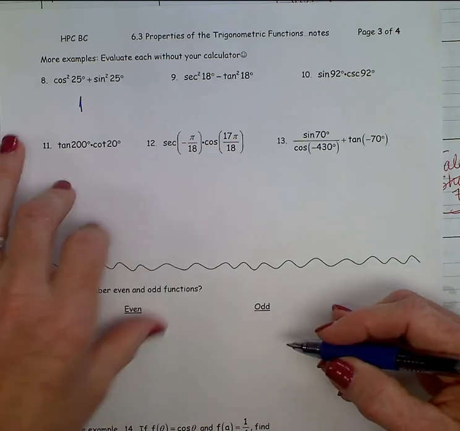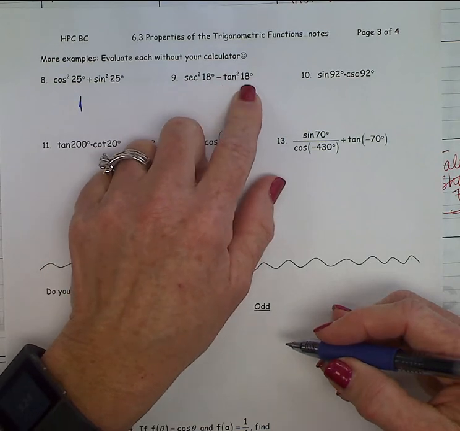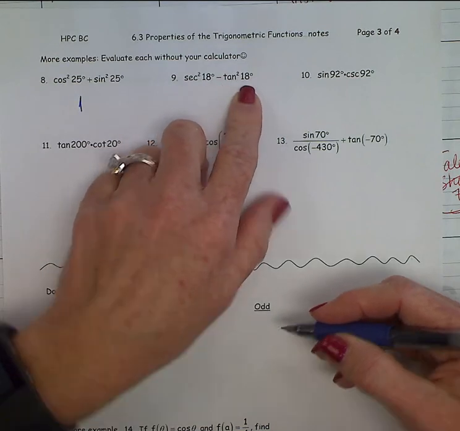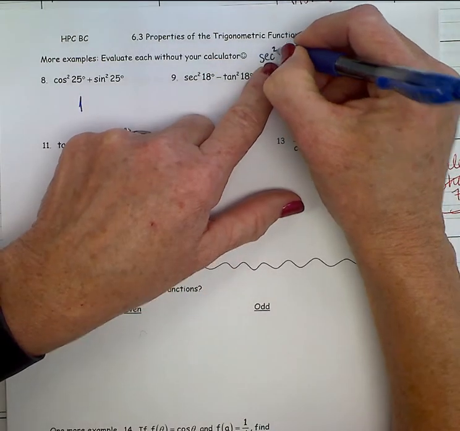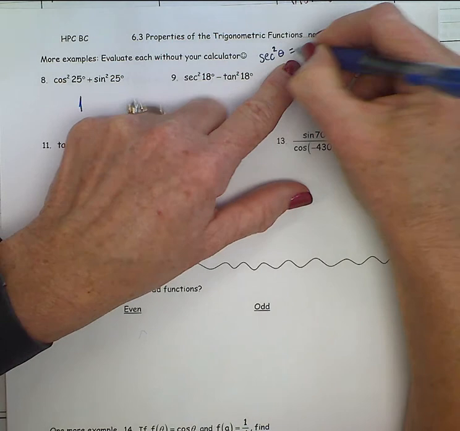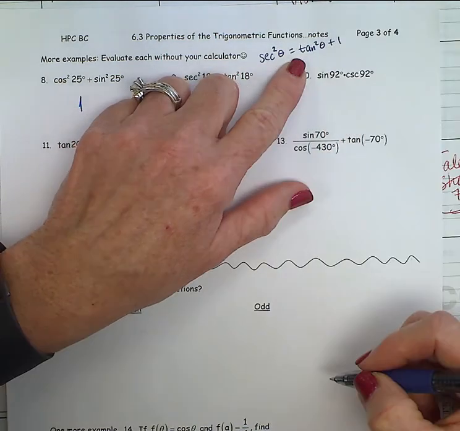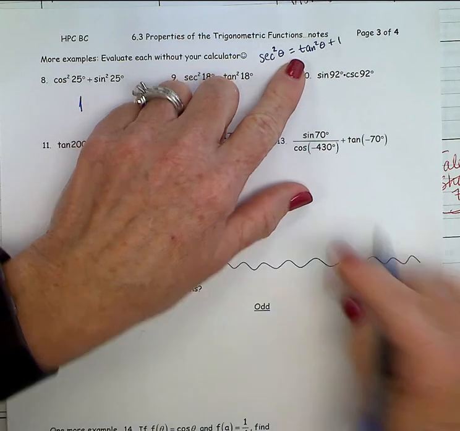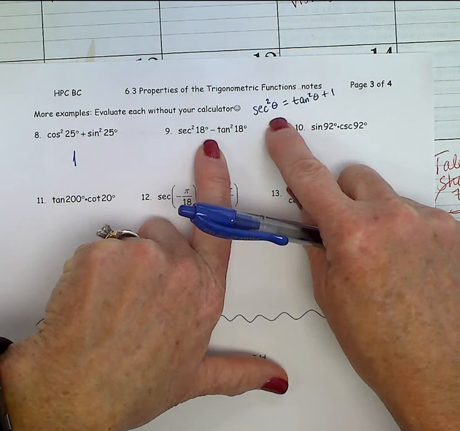All right, how about secant squared 18 minus tangent squared of 18? Well, we know secant squared is equal to tangent squared plus 1. Just wrote it in backwards. So secant squared minus tangent squared is 1.